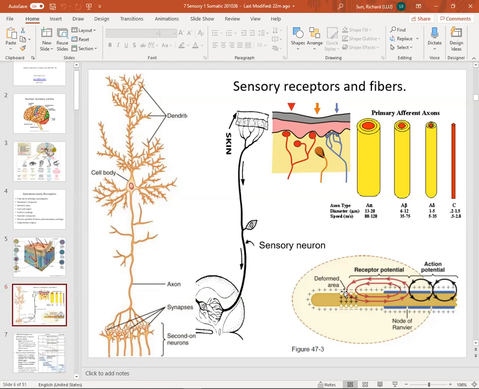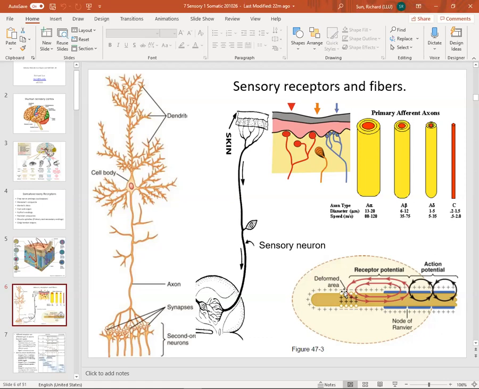Then it will trigger a receptor potential, which is the membrane potential change due to the stimulus. The stimulus may not be strong enough, so this receptor potential may not be above the threshold.